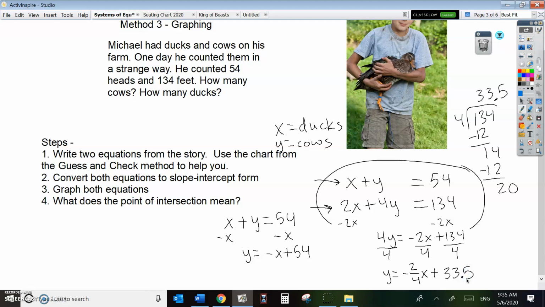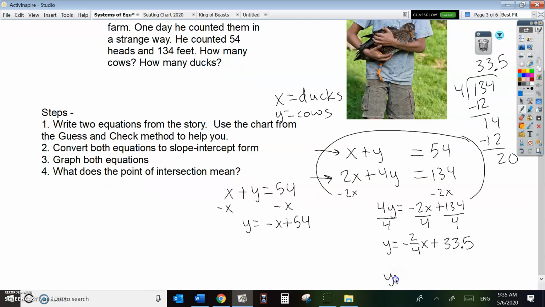And this equation, the slope here can be simplified. So it should be y equals negative 1/2 x plus 33.5. This equation here can be graphed, as well as this equation here can be graphed.